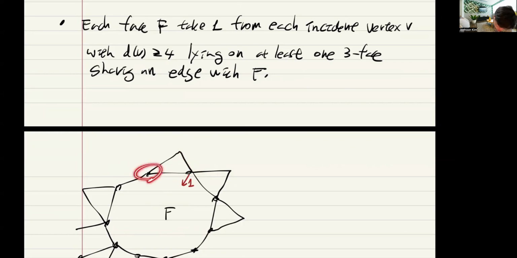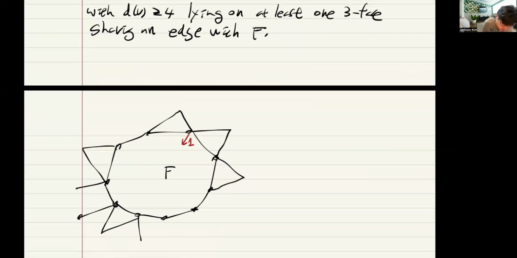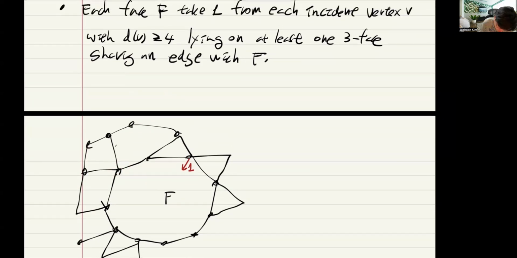But this does not give 1 because this has degree at least 4. Let's say this is the case, then this also does not give 1 because it has degree at least 4, but let's say here there is no edge.